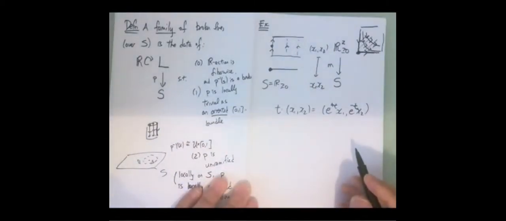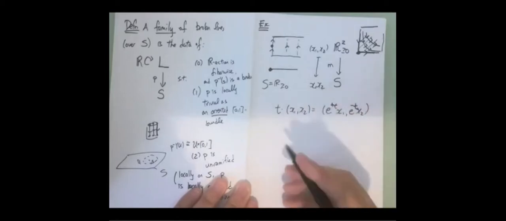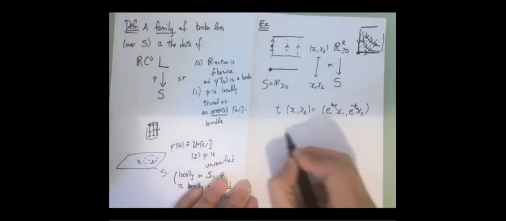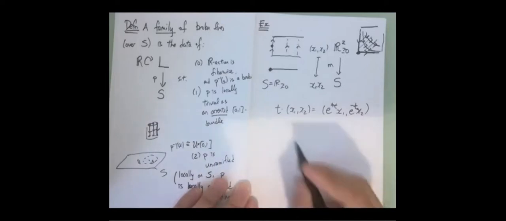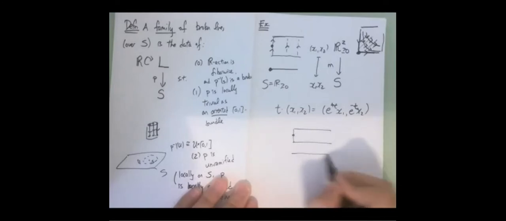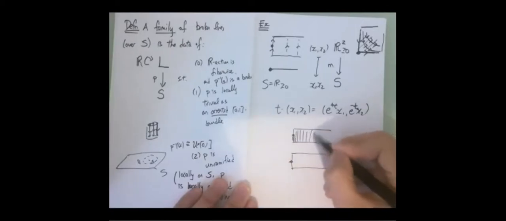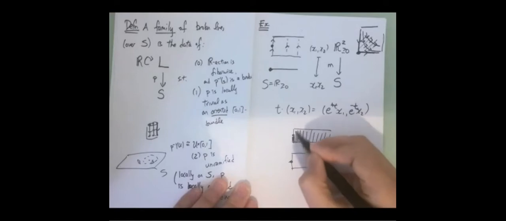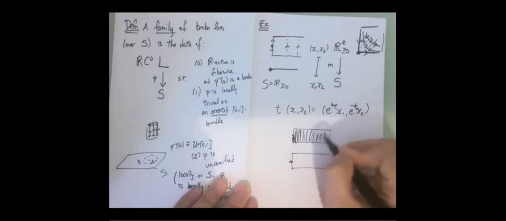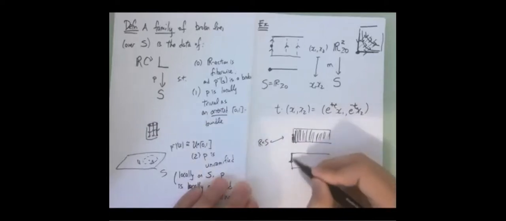Once you have a family like this, you can start gluing families together. For example, maybe I have a family that looks like this and a family that looks like that again. Then there's an R-equivariant map with this image, maybe R times S into here, and an R-equivariant map with this image.